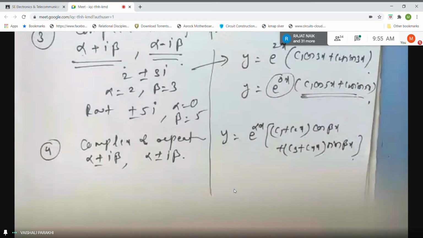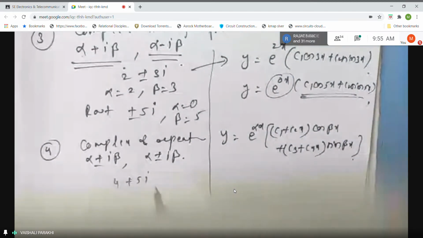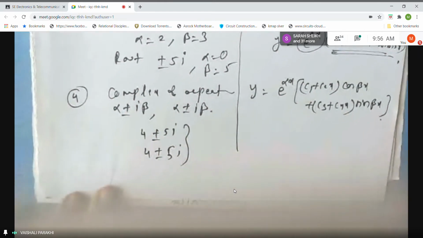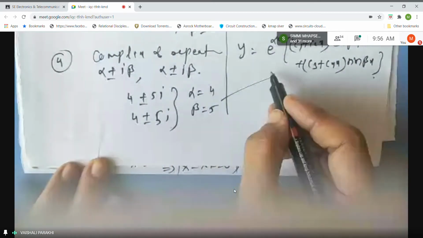It may happen that this pair will repeat, like 4 plus or minus 5i and 4 plus or minus 5i, so the same root is repeated twice. Alpha will be 4 and beta will be 5, and that will go in this formula.